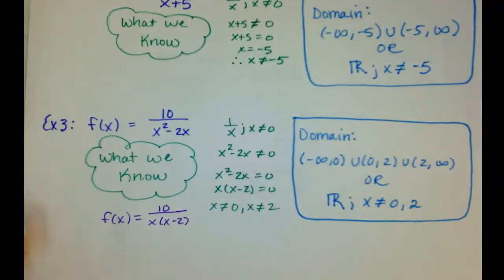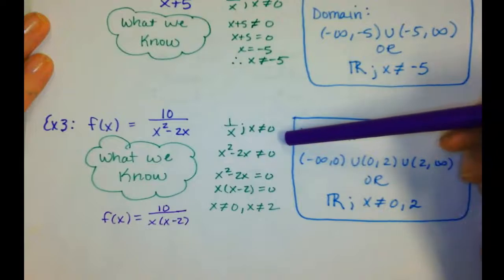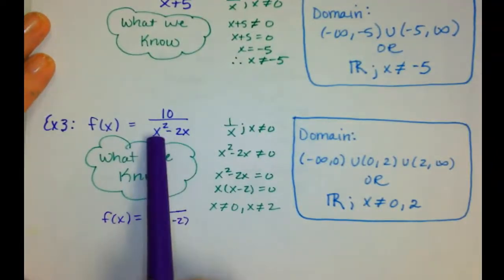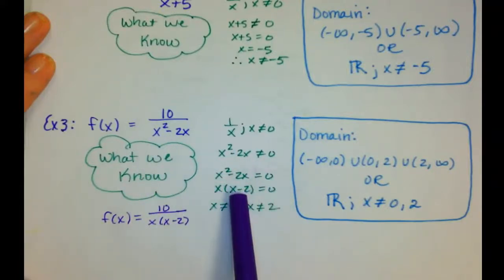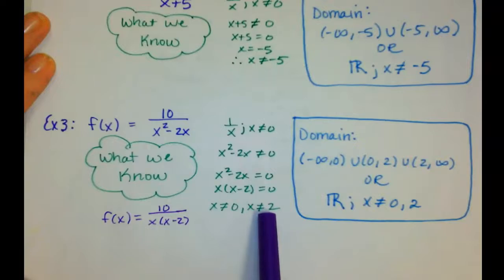I know that this is a fraction, so I know the denominator can't be 0. So then I need to know when the denominator tries to become 0, and that's at my factored places, x equals 0 and x equals positive 2. So my domain can't include 0, and it can't include 2.